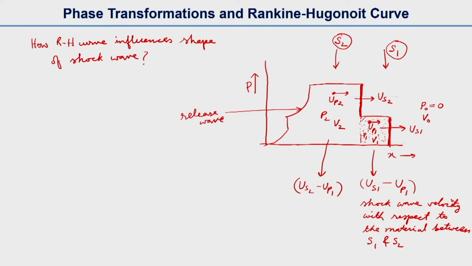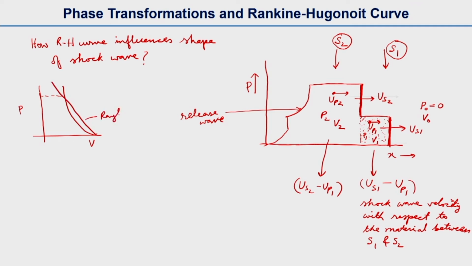What we can do now is remember these equations from earlier classes. What we had is a PV plot, or pressure versus specific volume plot. What we discussed is this Rankine-Hugoniot curve, and for a particular pressure, if we take the slope, we call this the Rayleigh line.